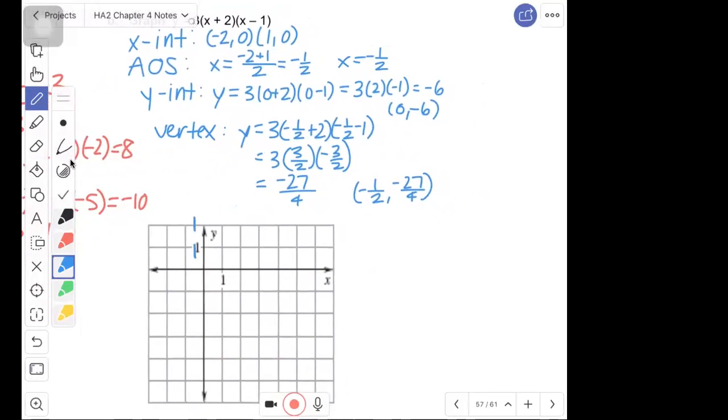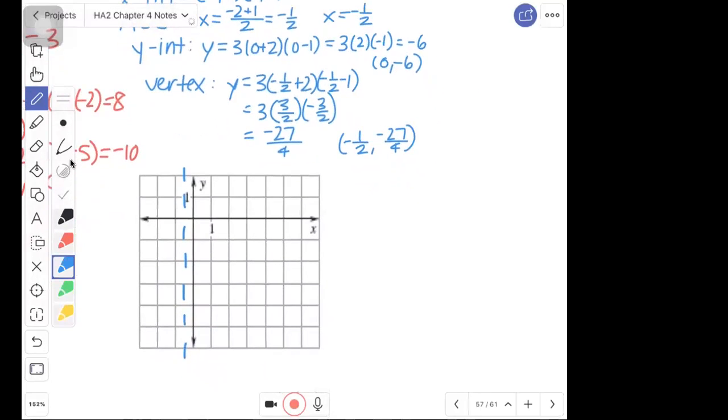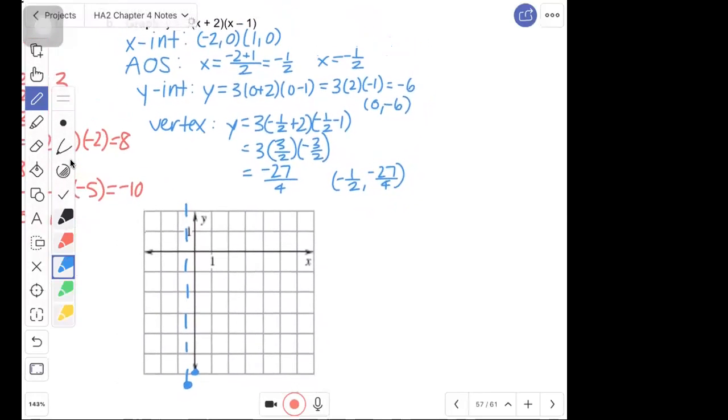So our axis of symmetry is at -1/2, and that point is going to be somewhere down there. Our y-intercept is at (0, -6), and our x-intercepts are at -2 and 1. So using the axis of symmetry, Helene, what other point can we plot?